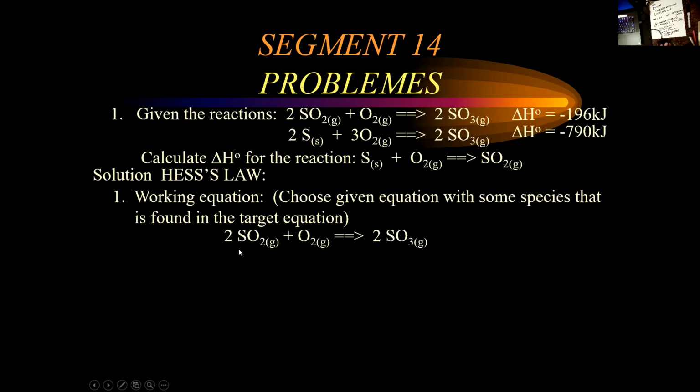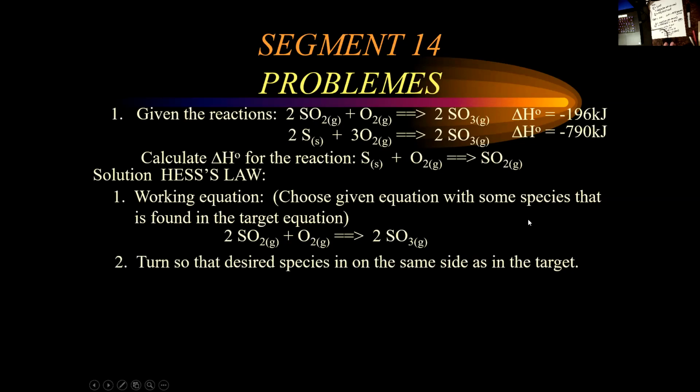Okay, so now this is the SO2, and its heat flow from reaction 1 is minus 196, but I want the SO2 on the product side. So I'm going to turn it around. If I turn it around, the heat flow would now be plus 196.